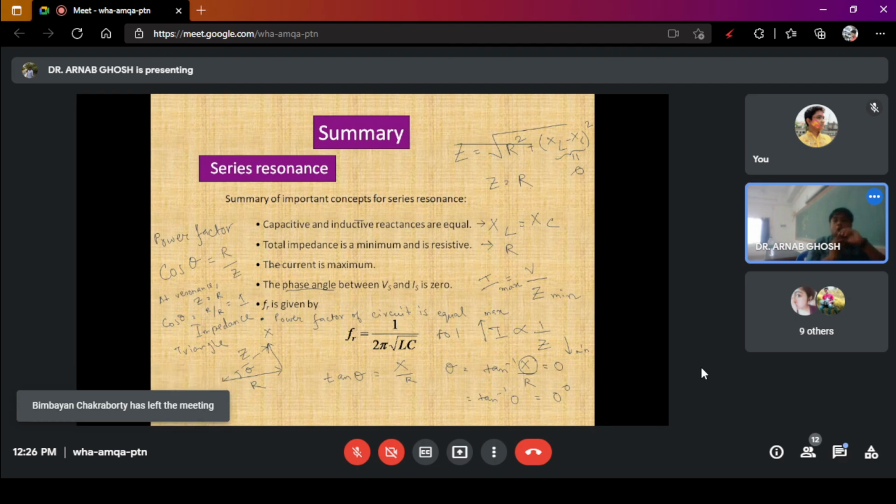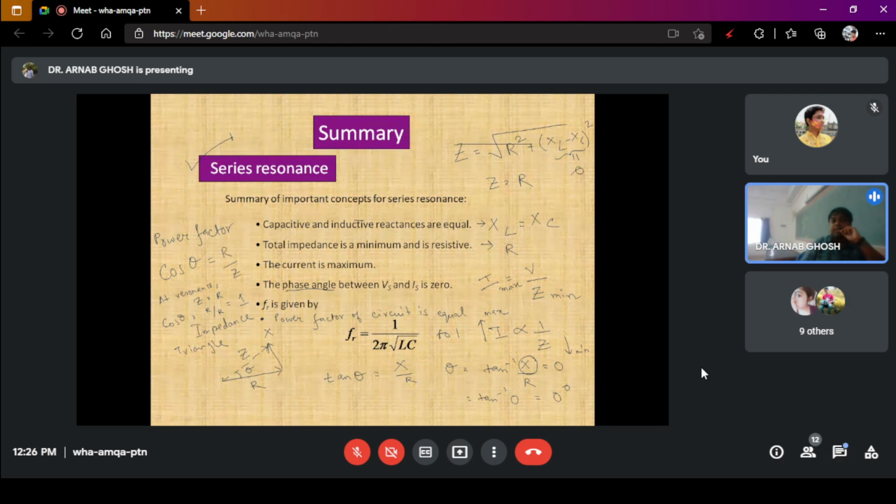So this is all about series resonance. If you are asked to write down the characteristics of the circuit at series resonance, you have to give all these points. These are likely questions for your paper.